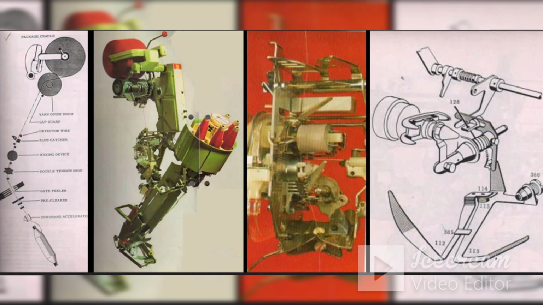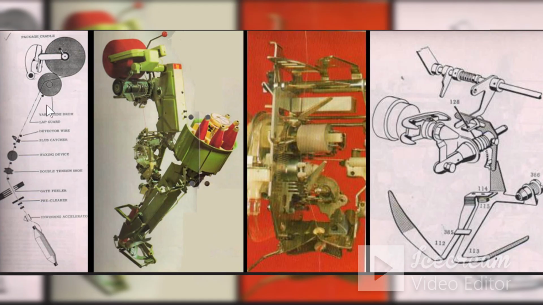This is the diagram of passage of yarn through AUTOCONER 107. This is the photograph of AUTOCONER 138, which is an improved version of AUTOCONER 107.